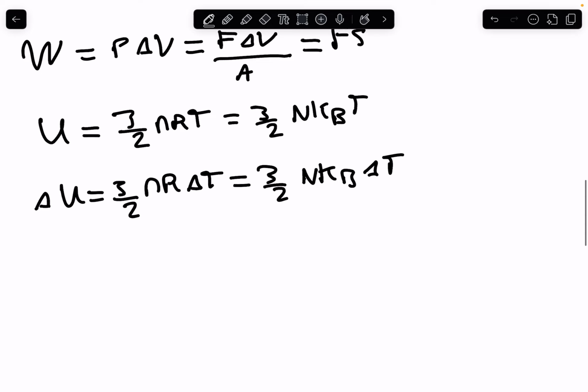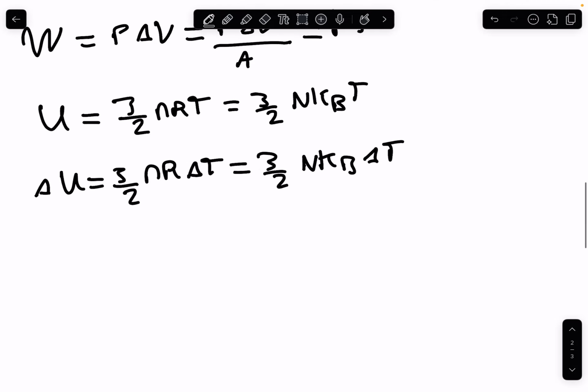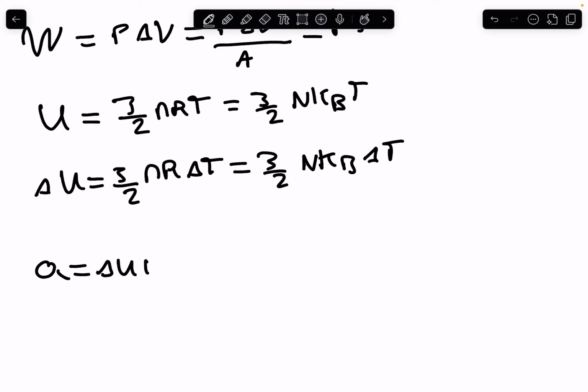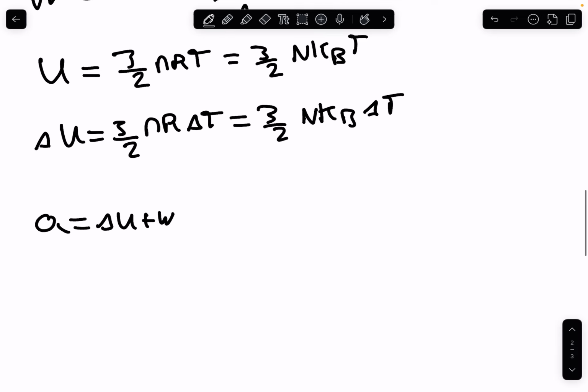This also means that from the first law of thermodynamics, the heat energy supplied is equal to work done. So if we set this equal to 0, it'd be Q equals 0 plus W. So Q equals W.